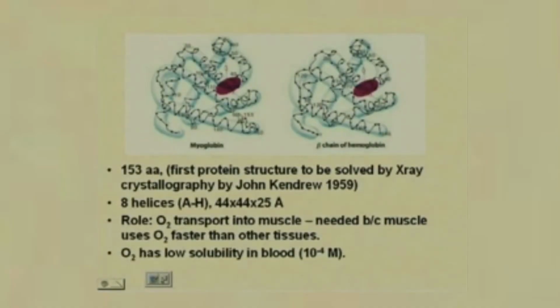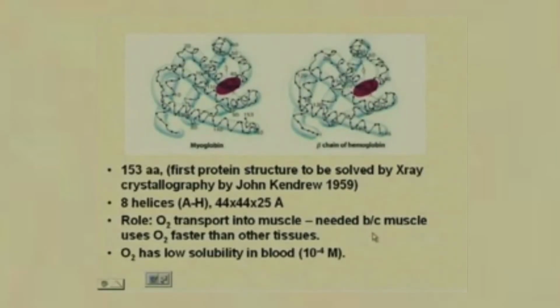If we look at myoglobin, it is the first protein structure to be solved by X-ray crystallography, by John Kendrew in 1959. This was followed by hemoglobin and then ribonuclease A. So what we have in myoglobin is a single polypeptide chain, and its role is oxygen transport into the muscle.